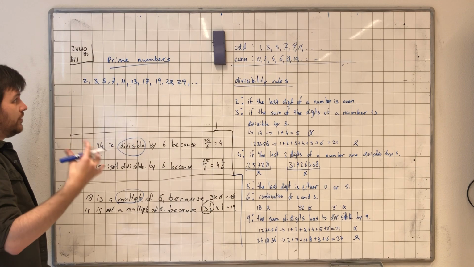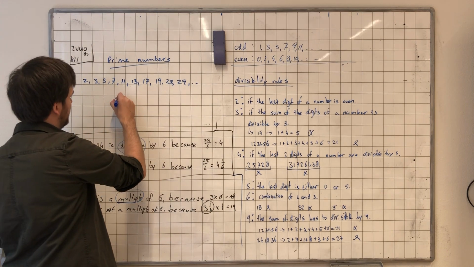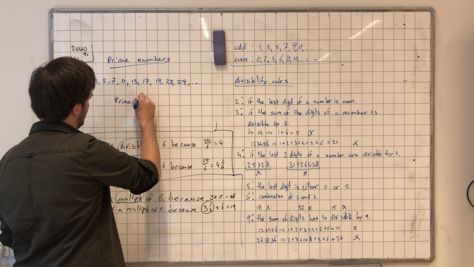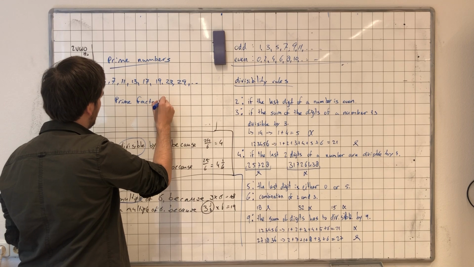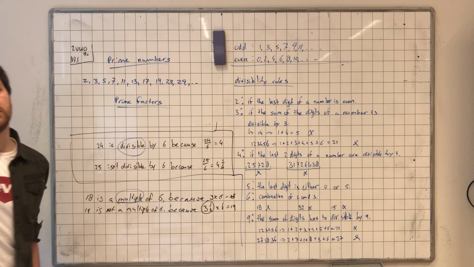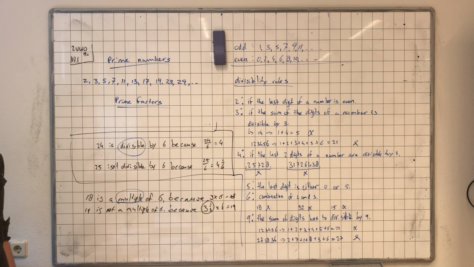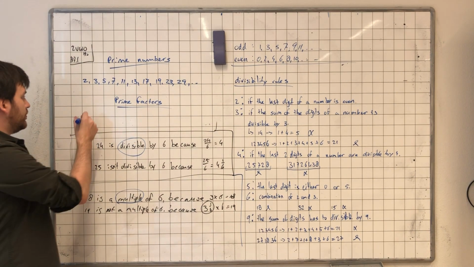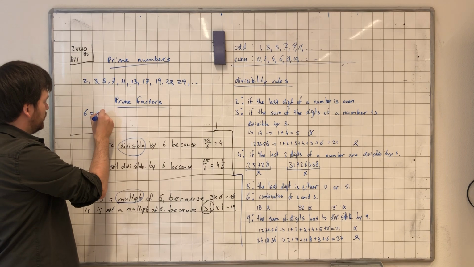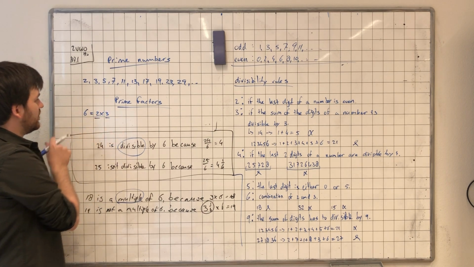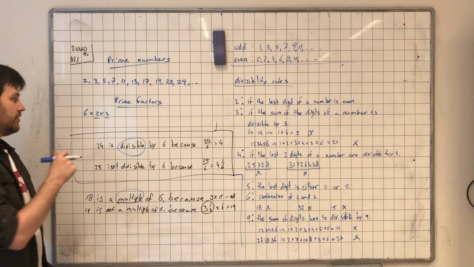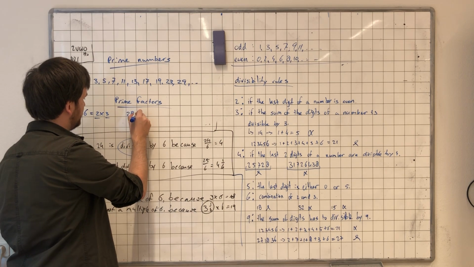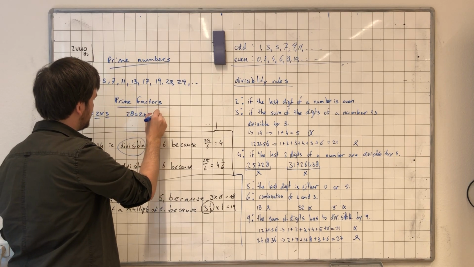And all of these prime numbers can be prime factors. So what are prime factors? When we're looking at prime factors, we're trying to look at a normal number and write it as a product of prime numbers. So for example, 6 is 2 times 3. Both of these things are prime numbers. If we're going to look at 28, it's 2 times 2 times 7.